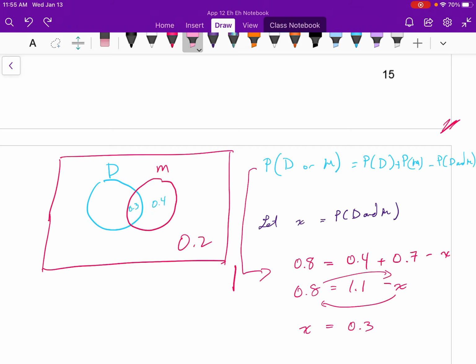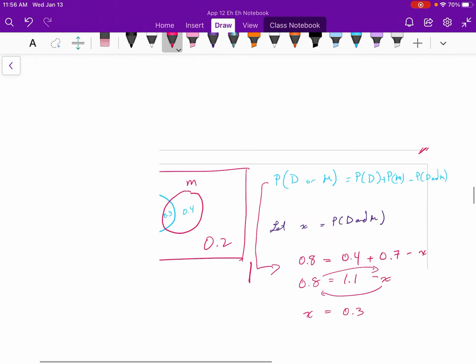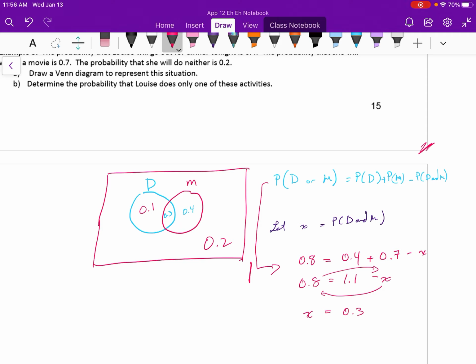All of the movie here is 0.7, so you have to subtract 0.3. And the probability of going to a dinner is 0.4, so only dinner is going to be 0.1. I've exhausted all of my sample space, as we say, and this situation represents the Venn diagram.